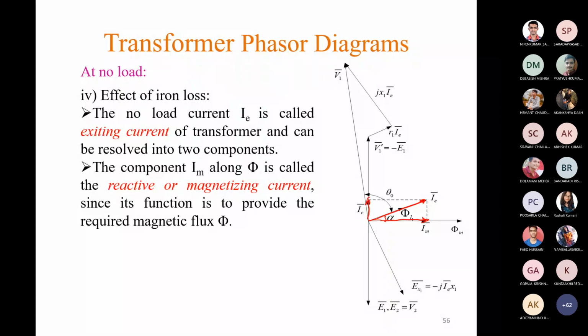So Im will produce the flux phi. Exciting current IE has two components, one is Im, another is IC. Im, which is in phase with phi m, will produce the flux phi m.